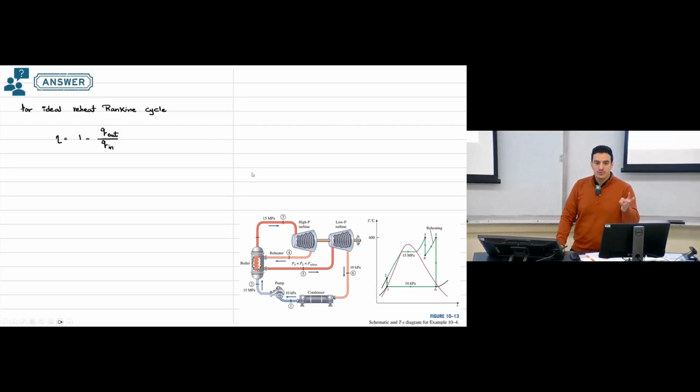It is the same equation whether you have Rankine or Carnot, with the exception that for Carnot we can use the temperatures. But if you have Rankine, reheat Rankine, or regenerative Rankine, it is the same equation.